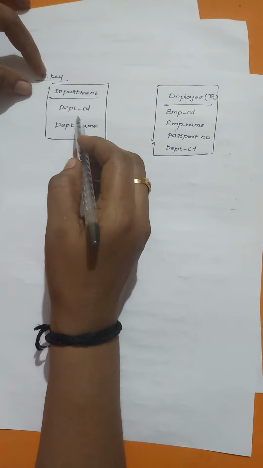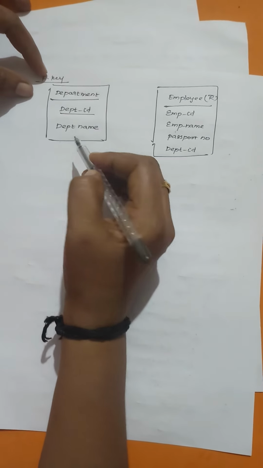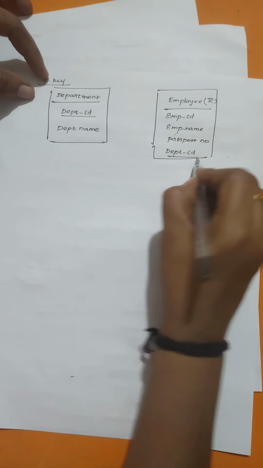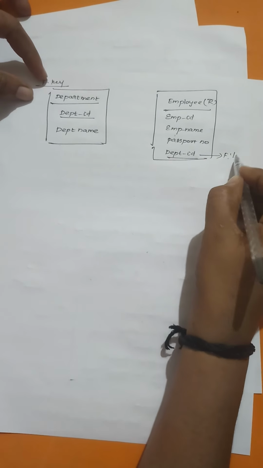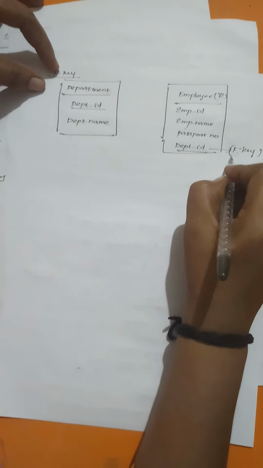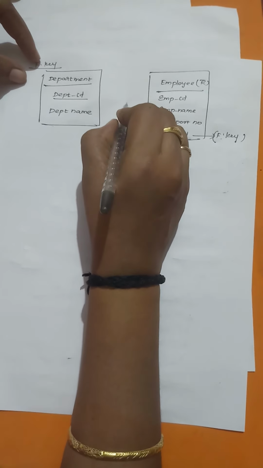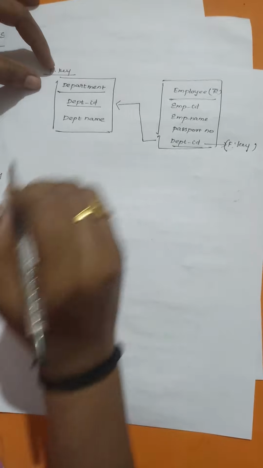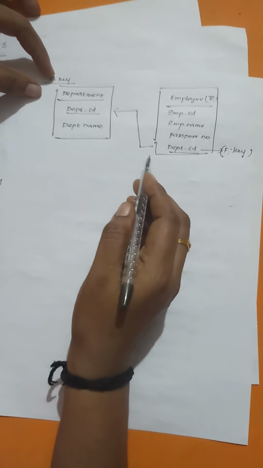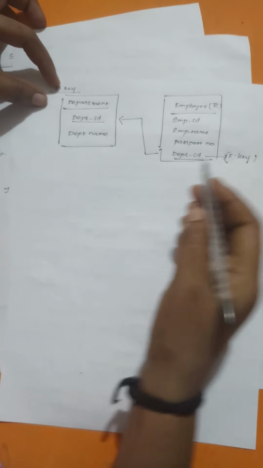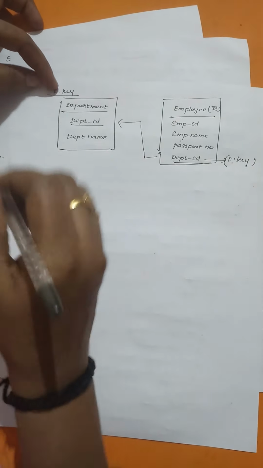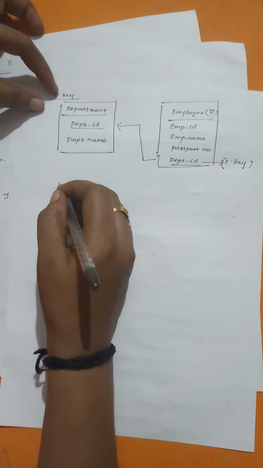Department ID is the primary key of the department table, and one more attribute is there, department name. Here department ID is a foreign key. The foreign key identifies the department ID, the primary key of the department table. So here they act as a cross reference between the two tables. An attribute in one table that refers to the primary key in another table is called a foreign key.